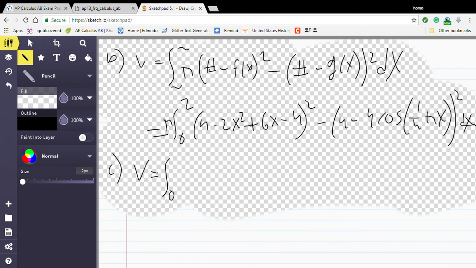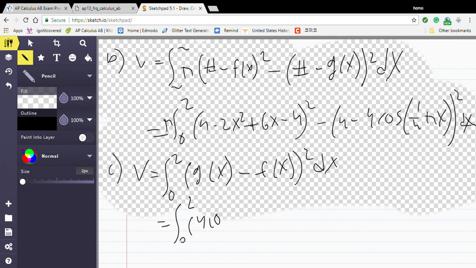As usual, we take the integral from the first intersection to the second intersection, and then the top minus bottom, squared. So g of x minus f of x, squared, dx.